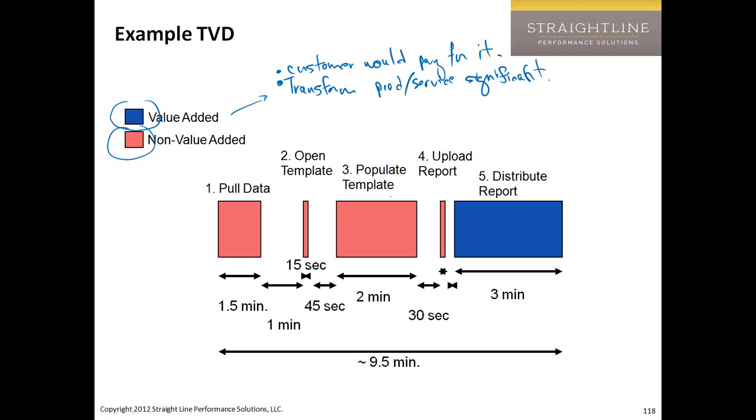That would transform significantly that raw material into something that's usable. So that would be a value-added step, despite the fact that the customer would say, well, I don't care, I'm just going to pay you for the table. I'm not going to pay you for forming the leg out of a block. Okay, hopefully that makes a lot of sense.